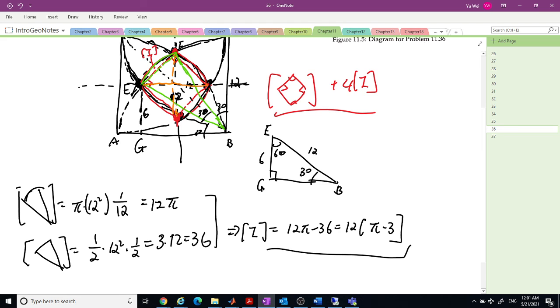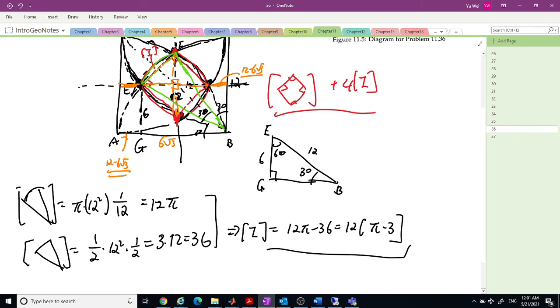Because it's a square, these diagonals can also help you calculate the area. So we already solved this one is 6, so we know this one is 6 root 3. Then we know this one is 12 minus 6 root 3, right? So you know this length is 12 minus 6 root 3, and this length is also 12 minus 6 root 3.